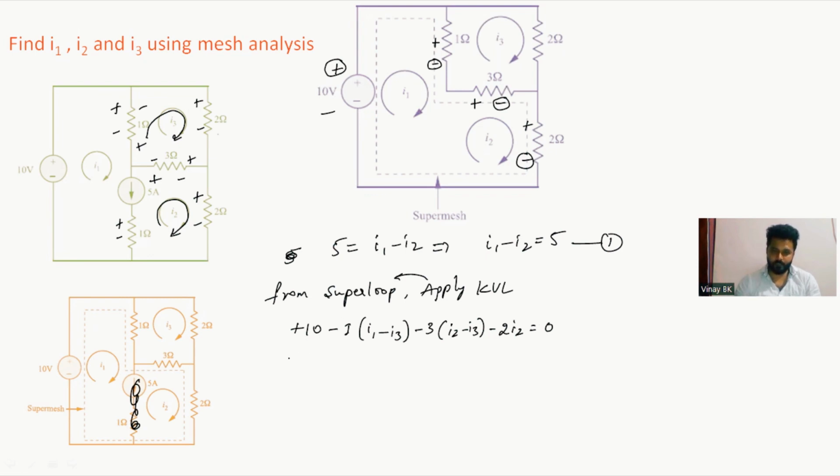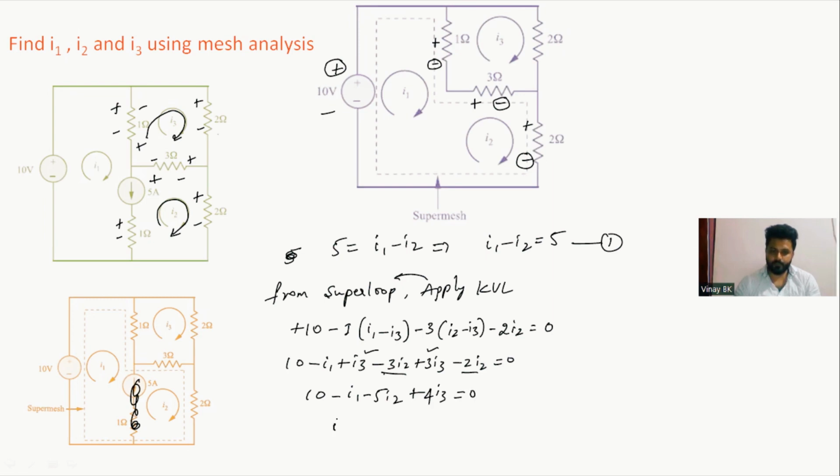Now I'll rearrange: 10 minus I1 plus I3 minus 3I2 plus 3I3 minus 2I2 equals 0. Only one I1 is there, so I'll write 10 minus I1. For I2 I can combine minus 3 minus 2, you have minus 5I2. I3 plus 3I3, that is nothing but plus 4I3 equals 0.